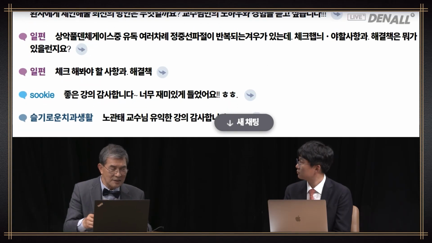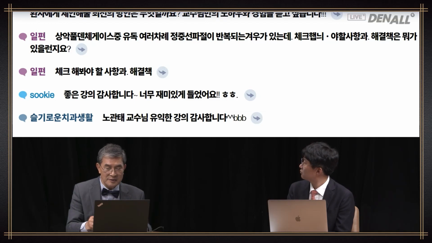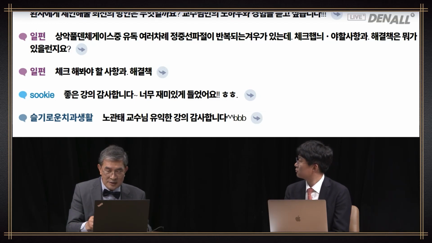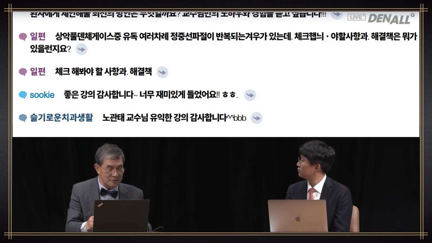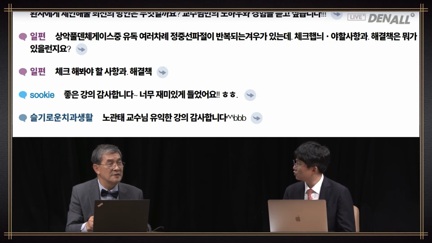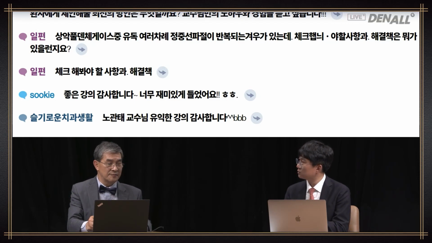Next question from Ilpyeon. There are cases with multiple midline fractures, especially with upper full denture cases. What do we need to check and what is the solution? As I said before, with wearing, the upper buccal cusps are in too much contact and upper posterior contact is not proper.